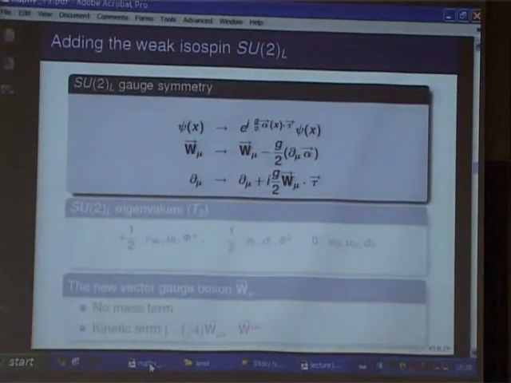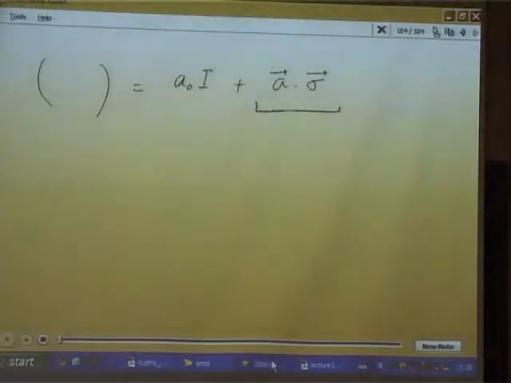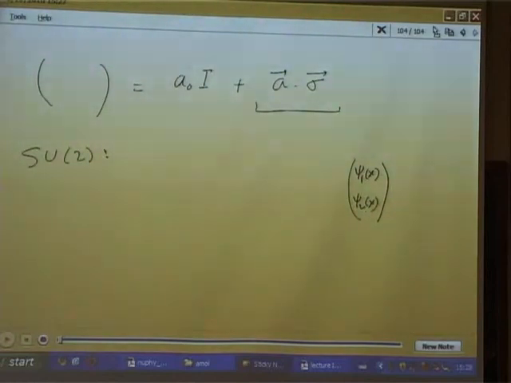So what happens now? This means that this psi x should look like a doublet. So what does this SU2 transformation do? Where psi x is a doublet, so this is psi 1 x, psi 2 x.